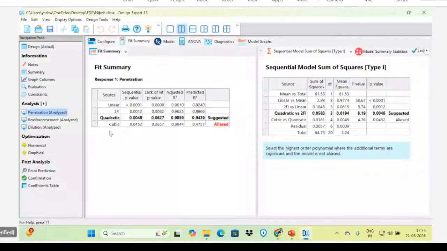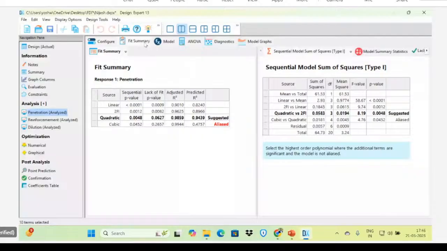It should be a quadratic model, because as per the literature available on the net, penetration, reinforcement, dilution, everything is in the quadratic phase in the fit summary, in the model summary. So we have to maintain this quadratic model so that we can get a quadratic equation, and we can find out values within the range.